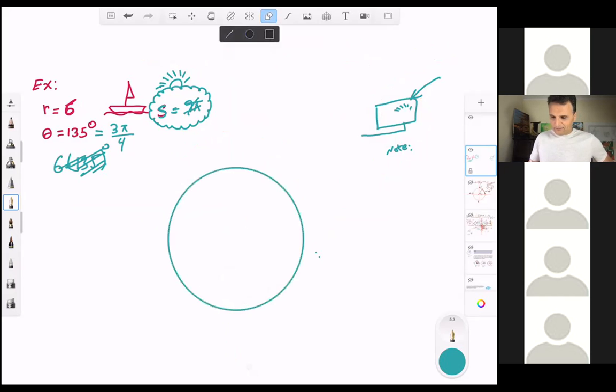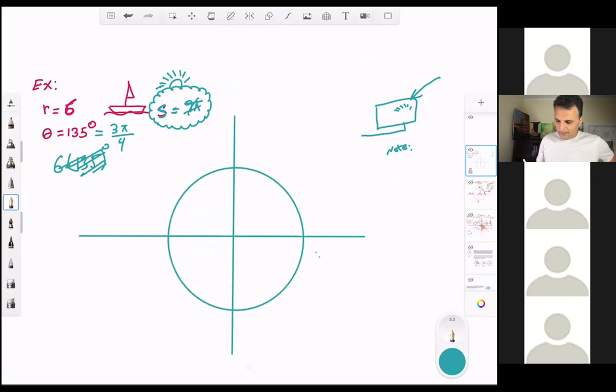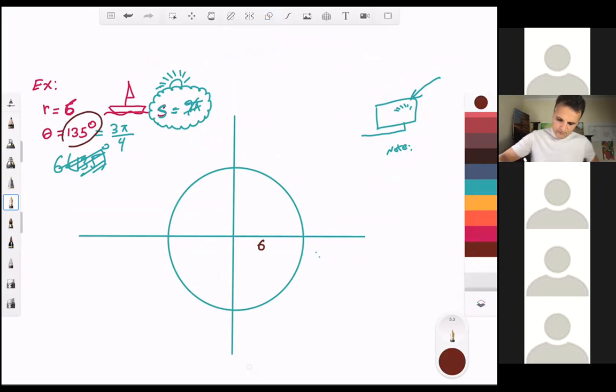We have a circle and this happens to be R equal to 6 and 135 degrees. So 135 is right there. So we are looking for, from O to A, this much of distance.